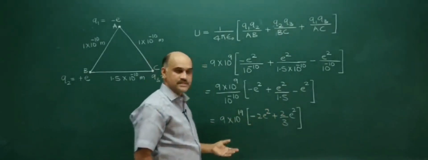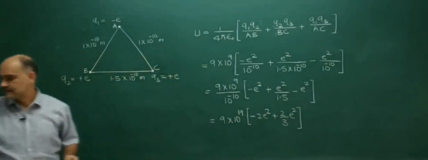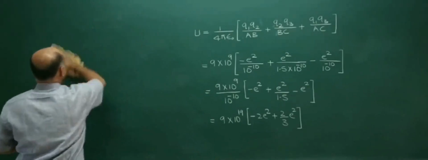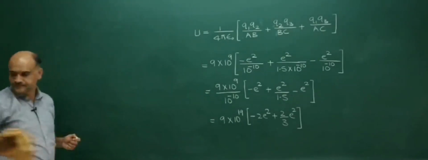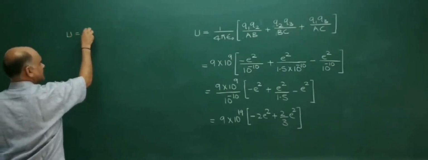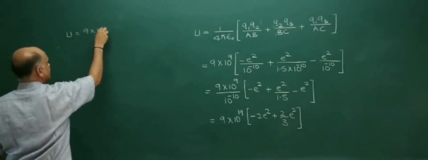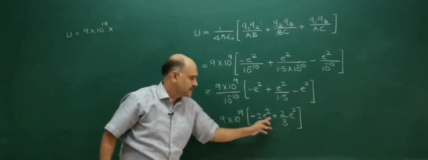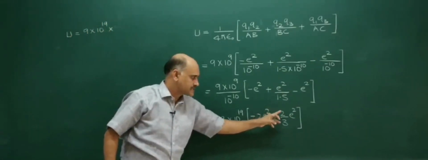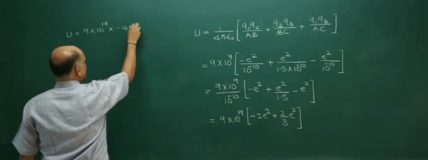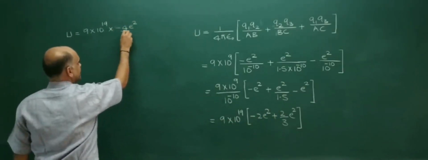So if I simplify this, the potential energy U is equal to 9 into 10 raised to 19 into, if I take LCM, minus 6 plus 2 will be minus 4, e square divided by 3.